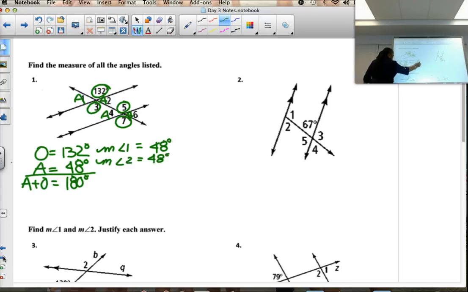The measure of angle 2. And please, don't be lazy because I'm going to mark it wrong. Don't put 1 equals 48, 2 equals 48. 1 does not equal 48. The measure of angle 1 equals 48, but 1 does not equal 48. You need to use the proper notation. The measure of angle 3 is. Measure of angle 4. Measure of angle 5.